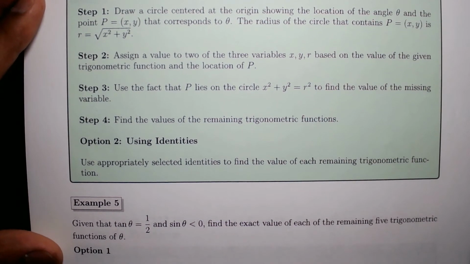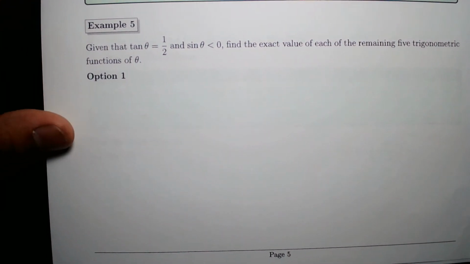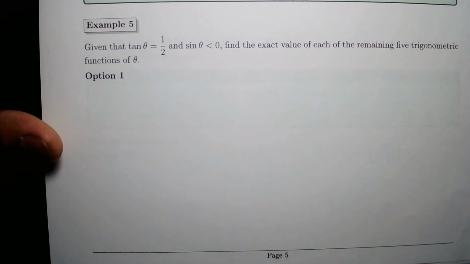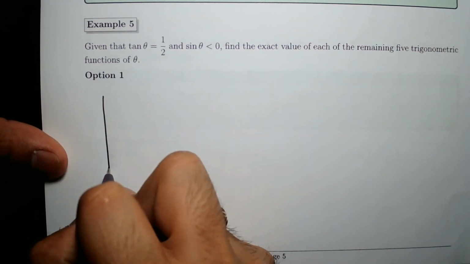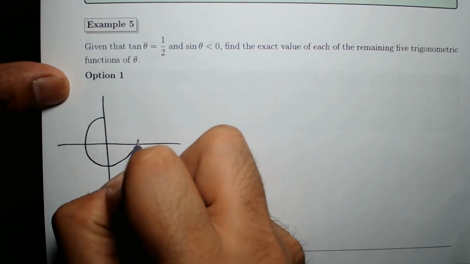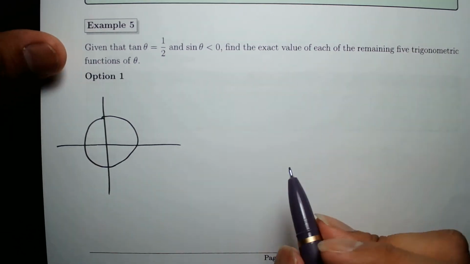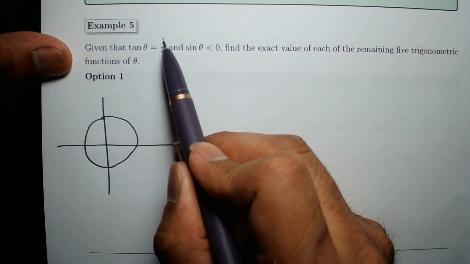All right. And so let's go ahead and do the example that we saw, just so you can see what we're up to. So for example, option 1, using a circle of radius r. So let me do a circle here, and in this case, tangent is equal to 1/2.